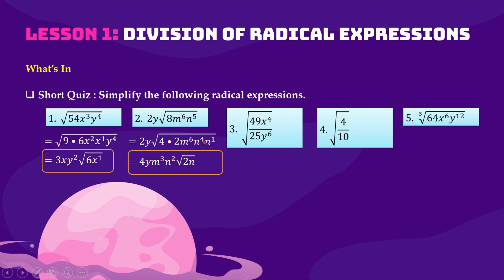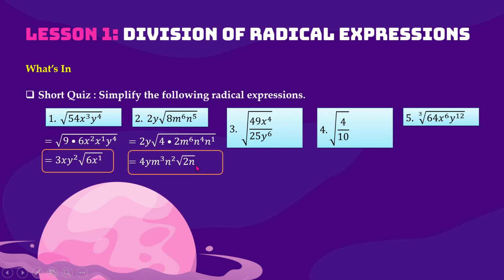While n exponent 4, 4 divided by index 2 is 2, so n squared goes outside. So what remains inside the radical symbol is 2 and n exponent 1, or 2n. Or if you arrange it alphabetically, that is 4m cubed n squared y square root of 2n.